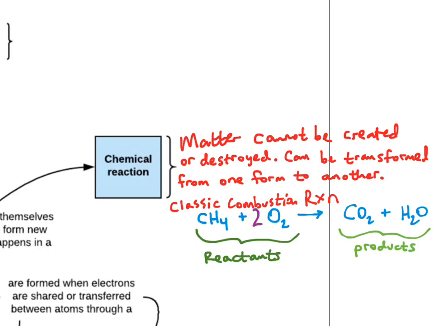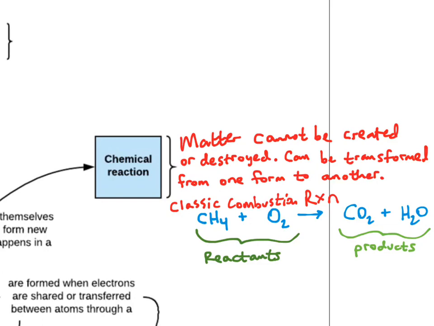Take a look. One thing that's not happening here, I'm going to go back a click. There we go. Take a look how the number of oxygens on the product side is 3. The number of oxygens on the reactant side is 2. 2 does not equal 3. So what we need to do then is balance these equations oftentimes, right?